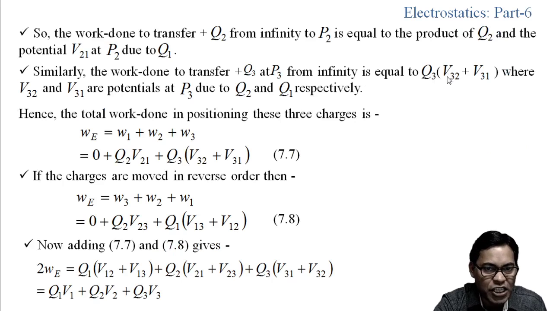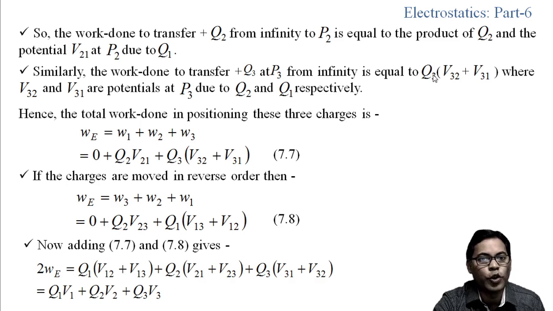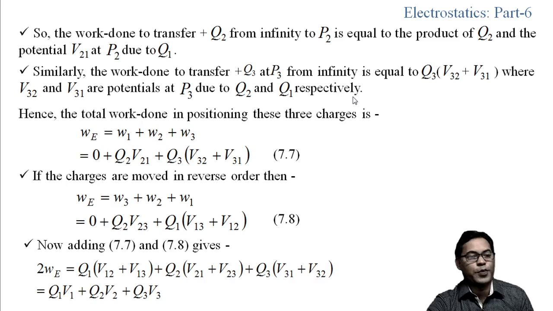That means the potential at the point P3 due to the charge at P2 plus the potential at the point P3 due to the charge Q1 present at P1. V32 and V31 are the potentials at P3 due to Q2 and Q1 respectively.